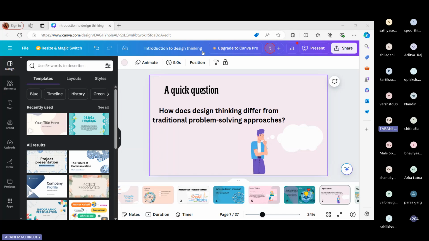Design thinking is well suited to solve human problems, whereas traditional thinking mostly helps in solving technical issues and in building a solution after knowing the problem. In design thinking, we observe, explore, and then make a solution. So these are the main common differences between design thinking and the traditional problem solving approach.